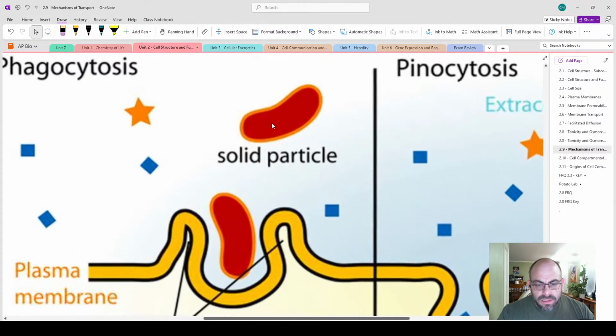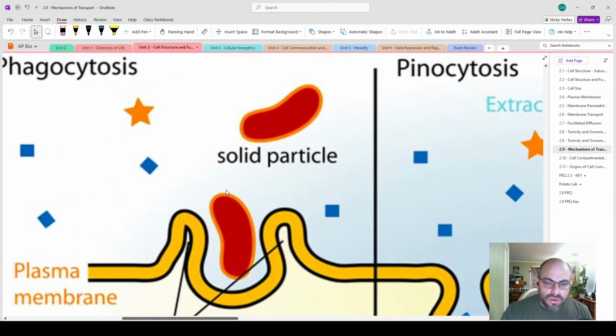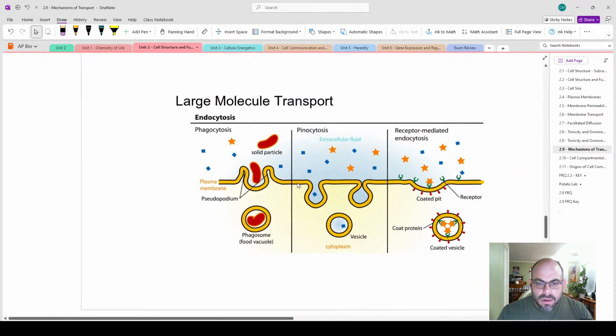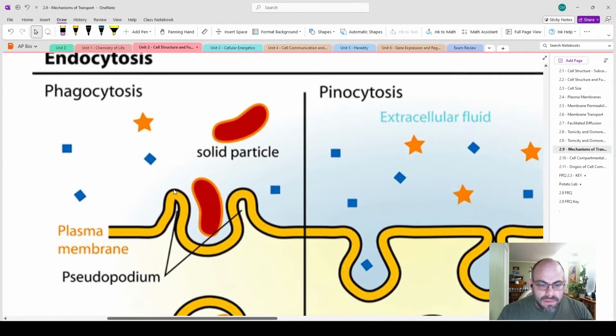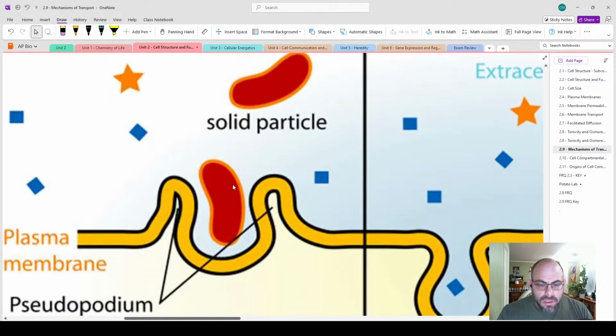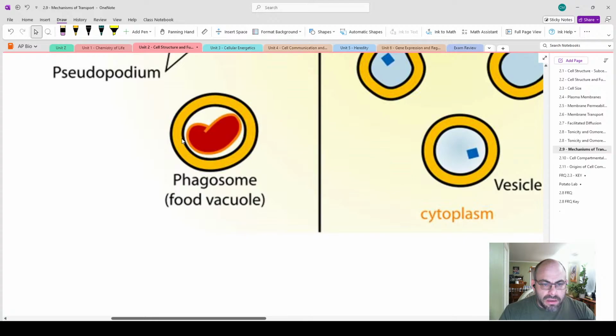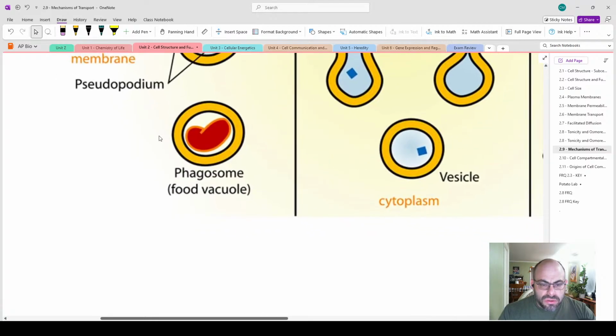Well, if it wants to eat this bean, it can't. The bean can't diffuse across the membrane, and there's no proteins to carry it, and so it has to make this bubble, and so it kind of reaches up and pulls it in, and it pinches off a piece of itself, and you could call this a vesicle too.